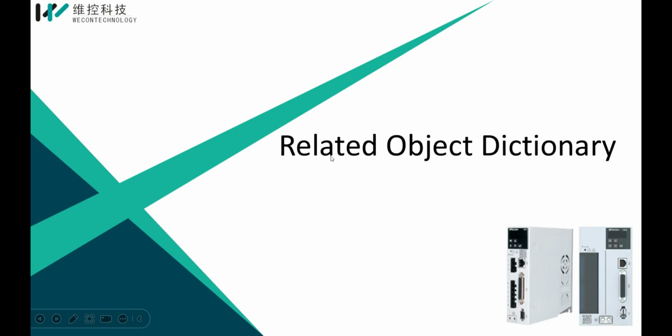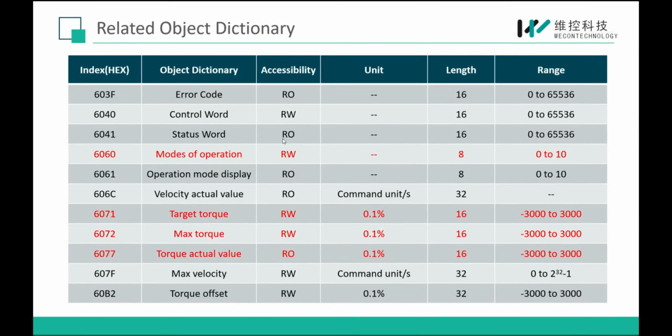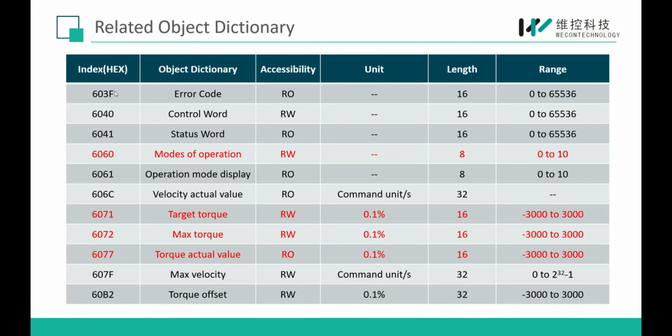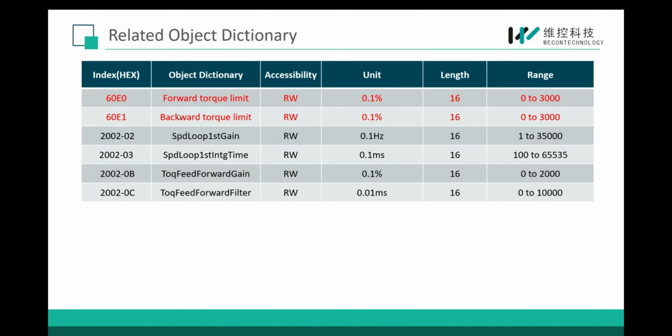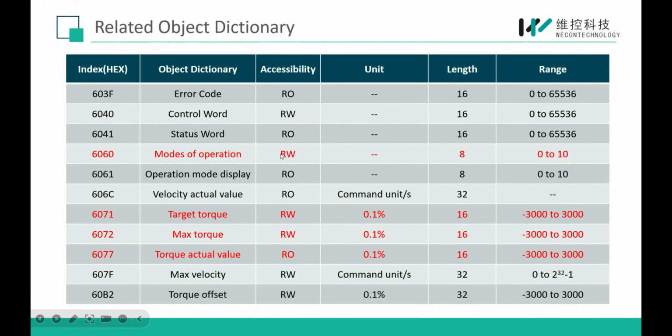Okay. Some related object dictionary. These two pages have parameters related to CST control mode, and the objects I marked with red color are more important in this control mode.